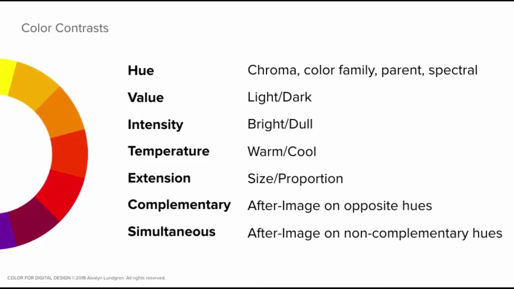And on analogous colors and hues, simultaneous contrast causes those colors to appear more dull, less vibrant than they do in other situations. So simultaneous contrast, the after image, adds some complexity to how we perceive things.